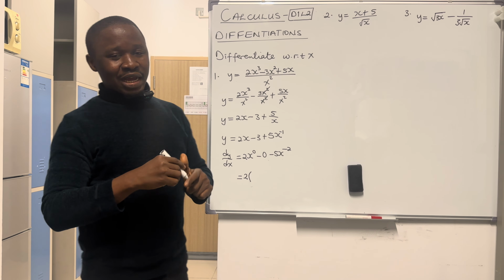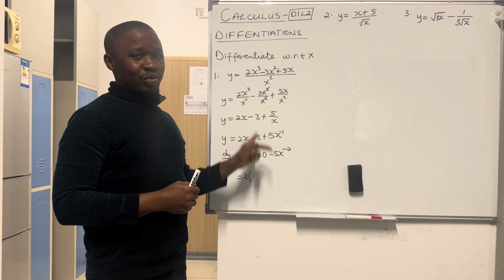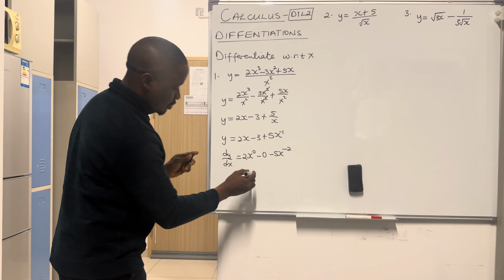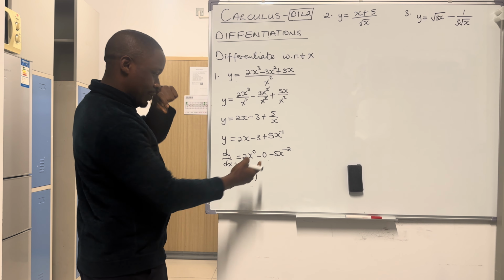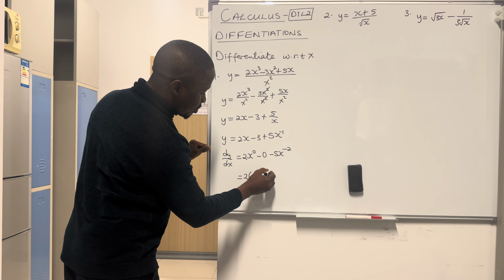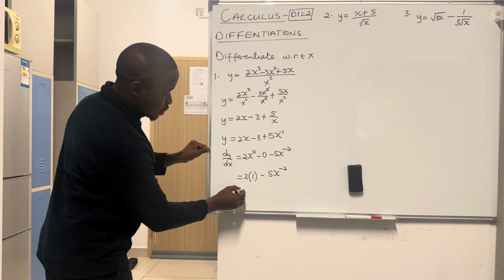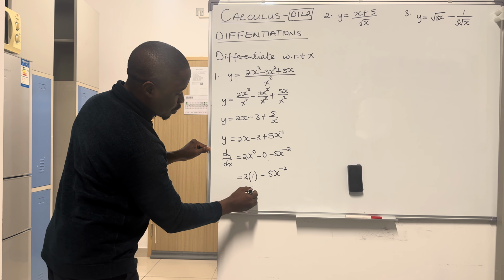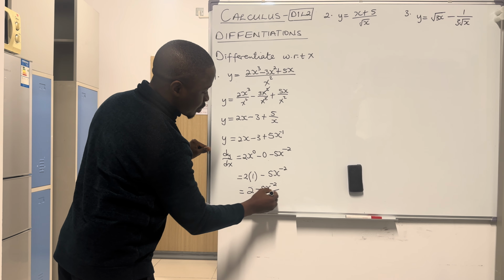Remember, from basic indices, any value raised to the power 0 is 1, so we can choose not to write x to the power 0. So we come to minus 5x to the minus 2. So 2 times 1 is 2, minus 5x to the minus 2.